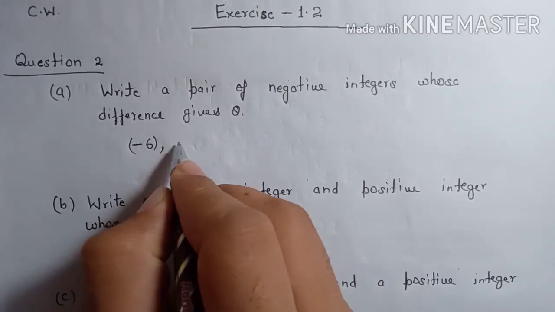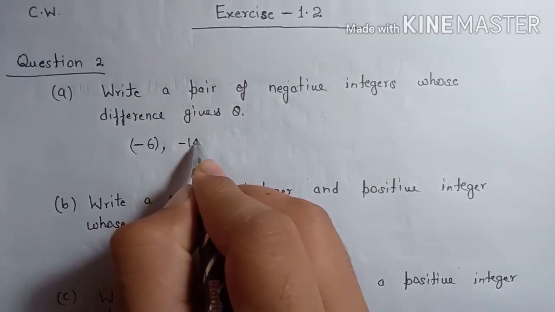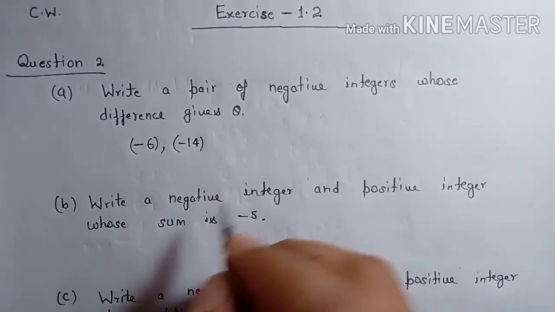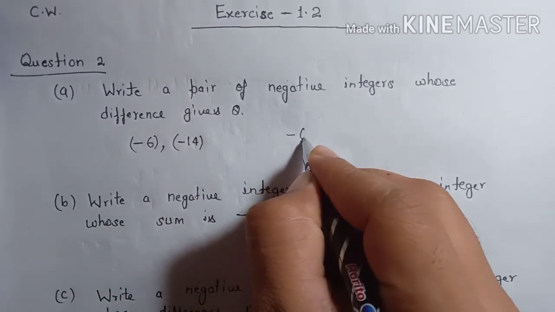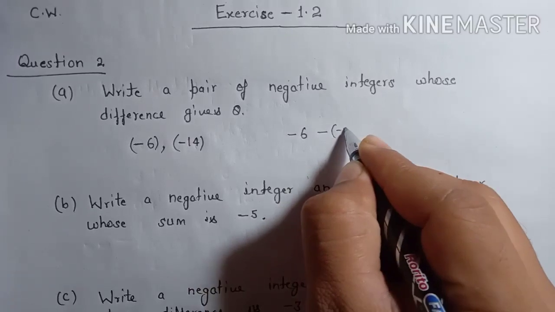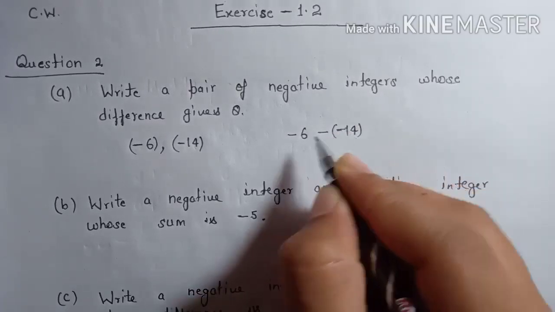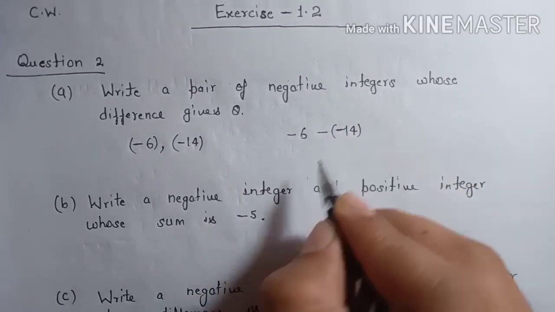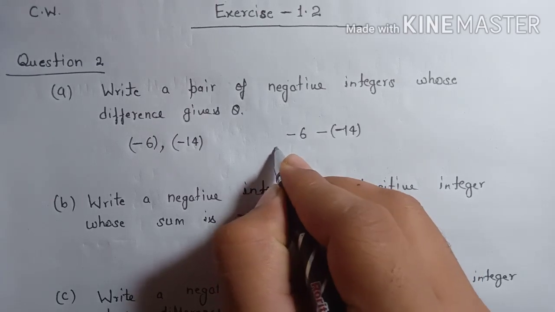If we subtract minus 14 from minus 6, check what the result is. We have to subtract minus 14 from minus 6. You know what?